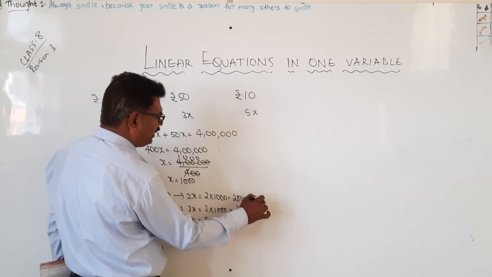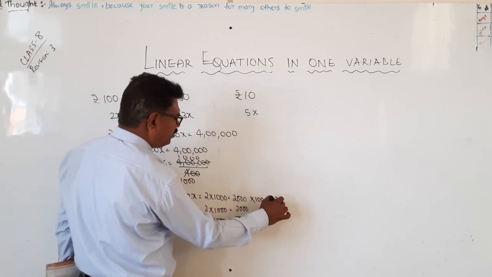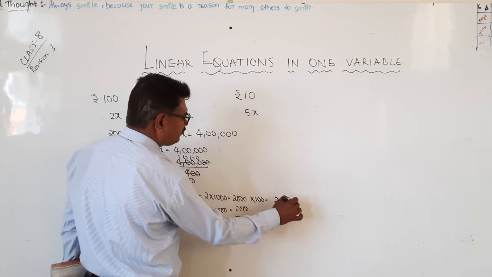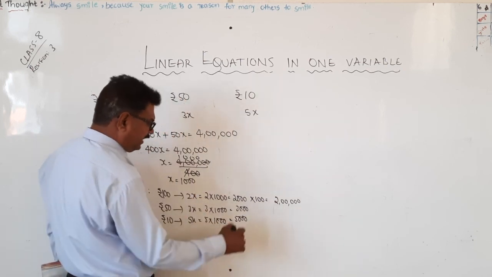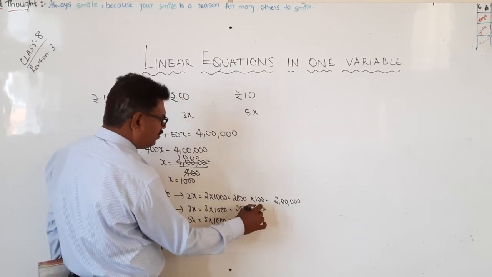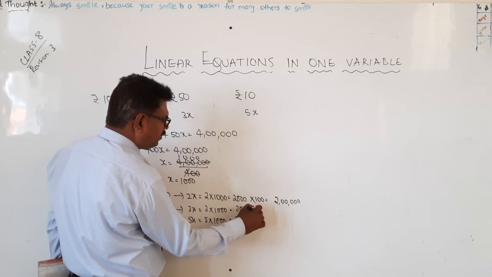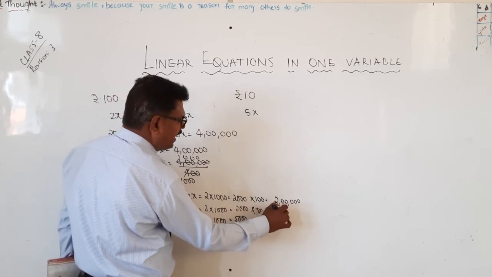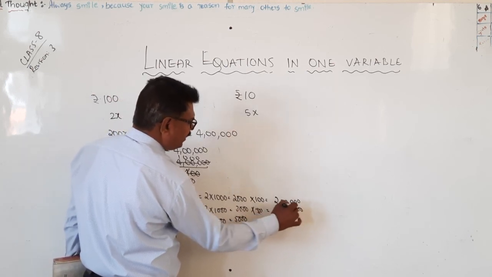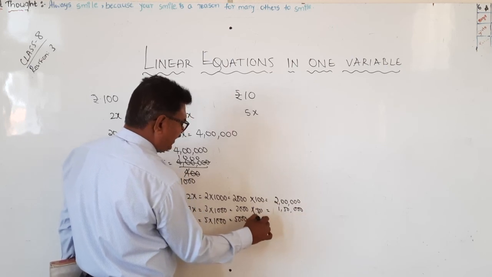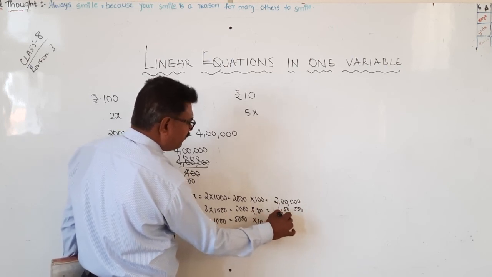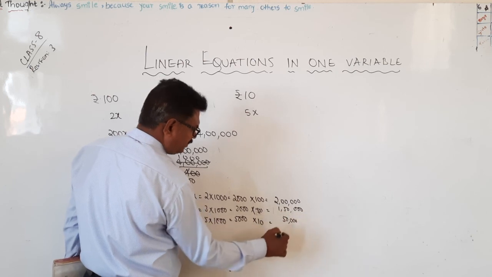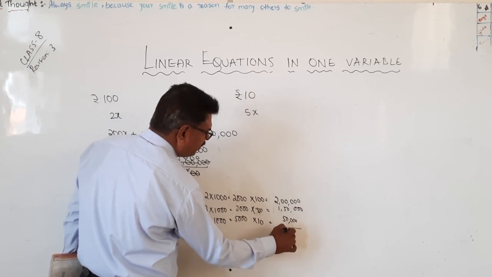Into 100, that is 2 lakhs. Next, into 50, 1 lakh 50,000. Into 10, it is nothing but 50,000. Therefore, totally it will be 4 lakh.